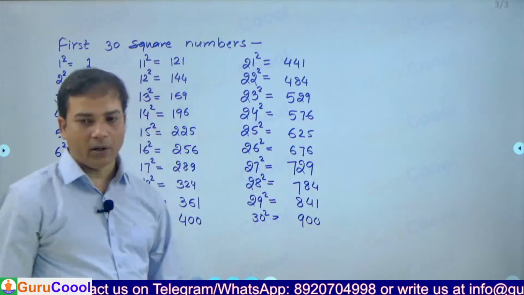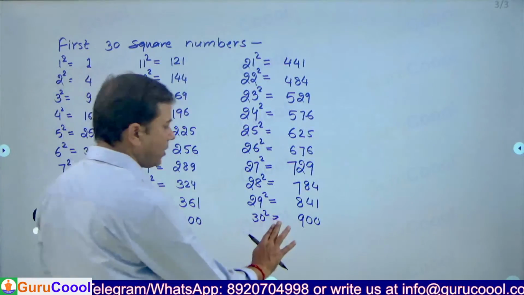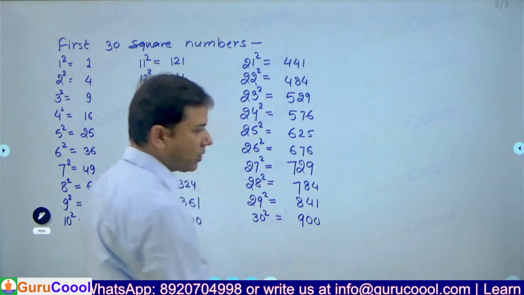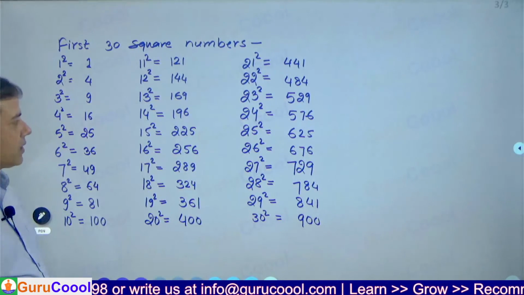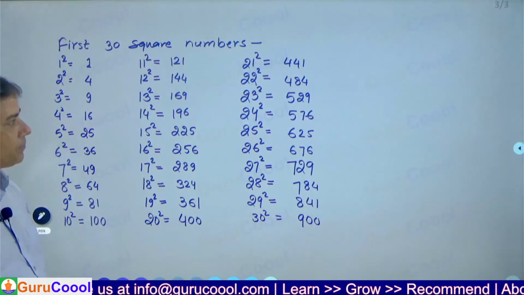We can go ahead of that as well, but presently we want to cover only the first 30 square numbers. Okay?